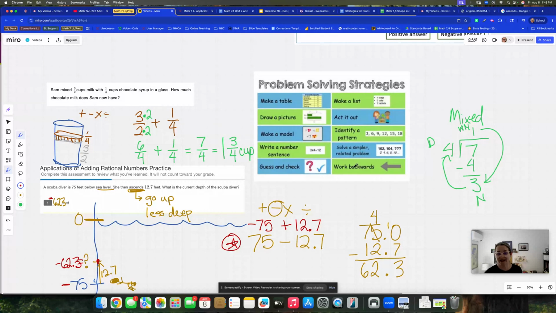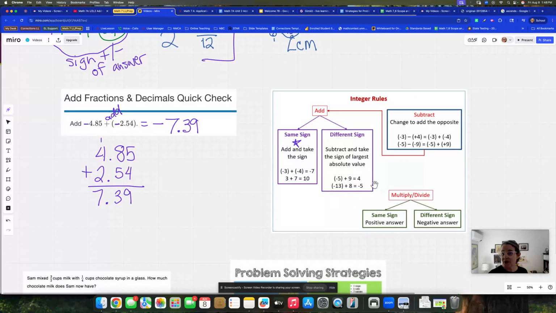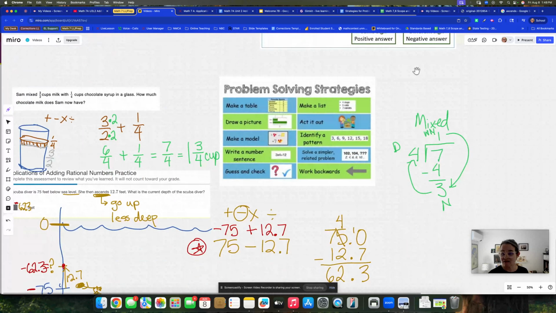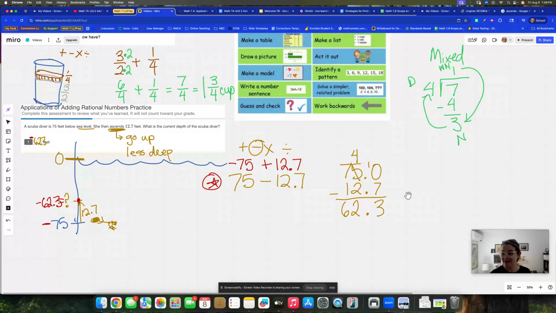And then the work that I did here was correct if you think about it. Think about what we were doing last lesson. We said if we had different signs, we would subtract the absolute values and then take the sign of the greater absolute value. And that's exactly what happened here. Look at the work I did right here. This was subtracting the absolute values.